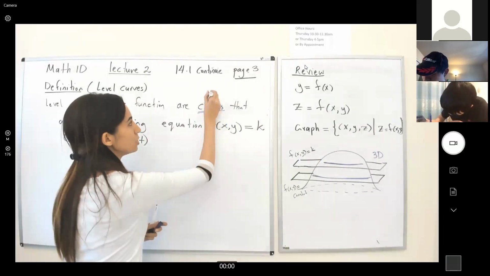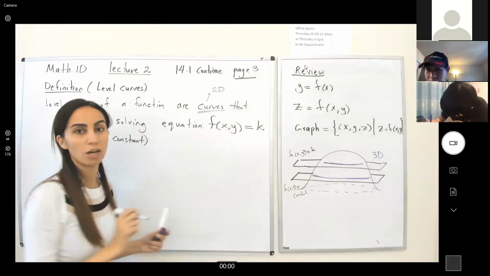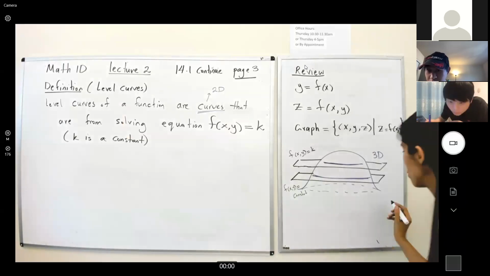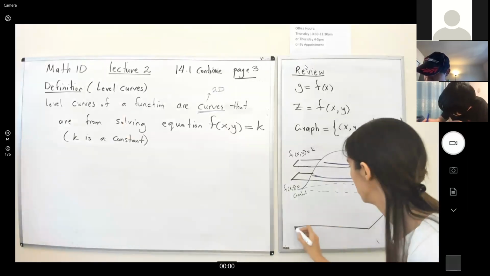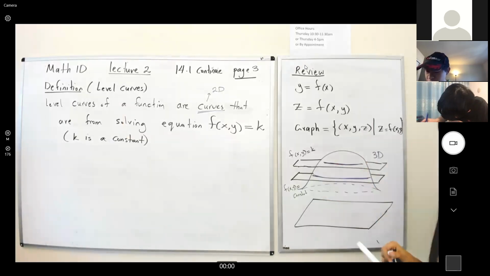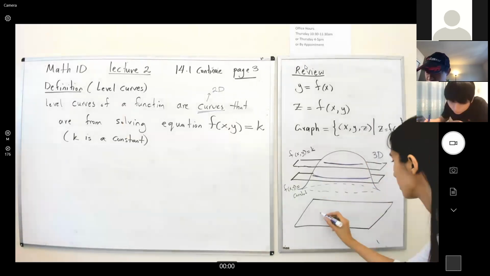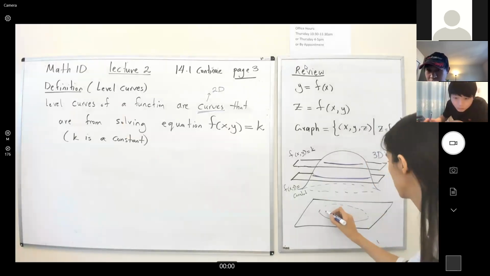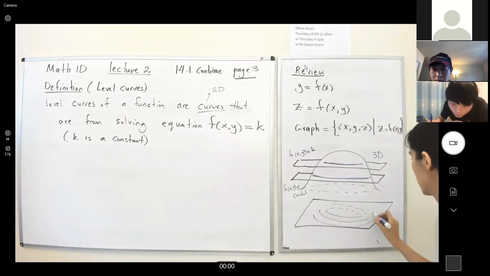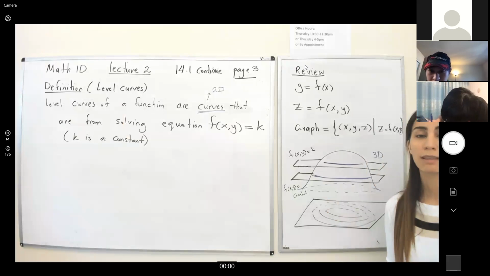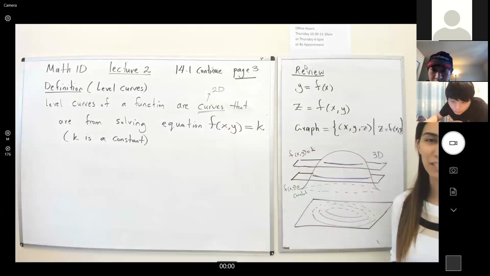Curves, 2D, not 3D. So eventually in the xy plane, we can see the level curves of the graph are like this. Again, they usually use this method in map making.